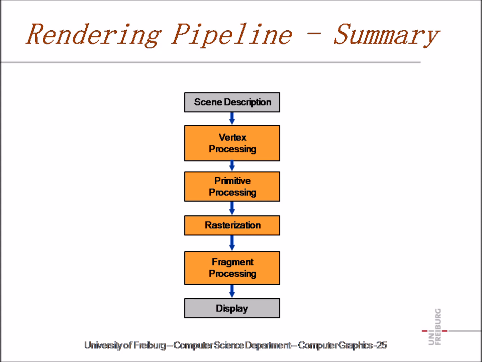If you observe the flow diagram of the rendering pipeline, the major steps are shown in orange rectangles along with scene description as an input and display as an output, and the flow is from top to bottom. So dear student, in this lecture we have discussed in detail vertex processing, and in the next lecture we will discuss the remaining major steps, that is primitive processing, rasterization and fragment processing.